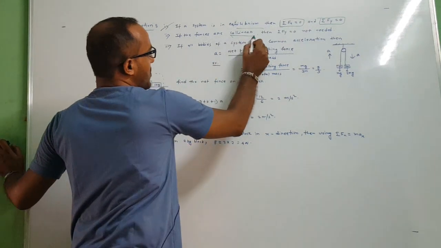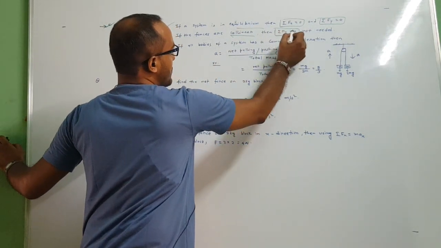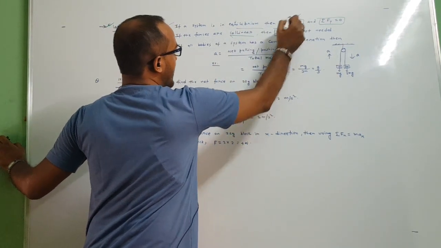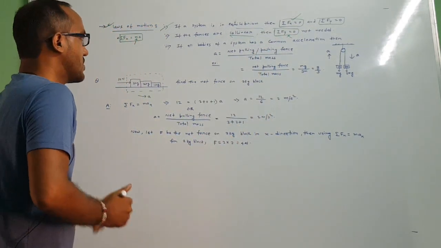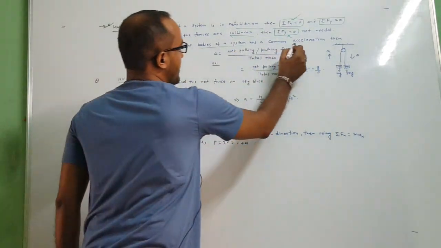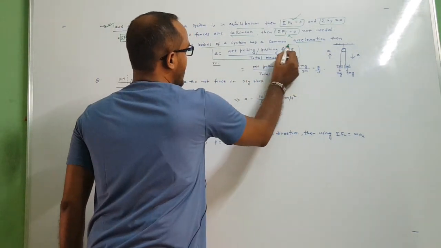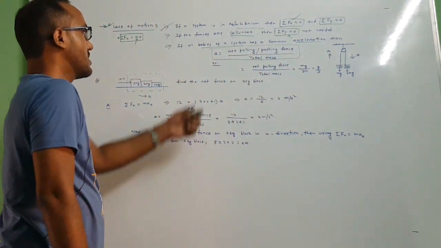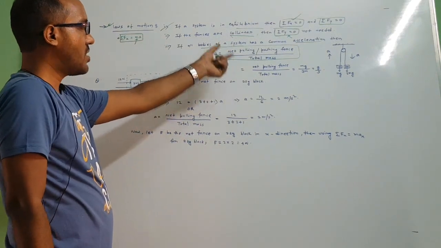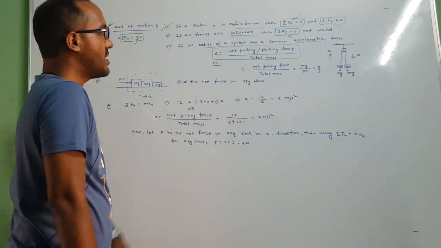If the forces are collinear, then you don't need this component, you have to make only summation of Fx equals to 0. If all bodies of a system have a common acceleration, then this is a very useful formula: acceleration is net pulling or net pushing force divided by total mass.